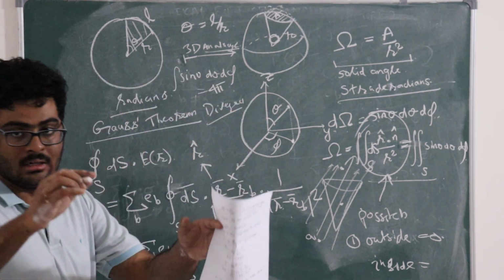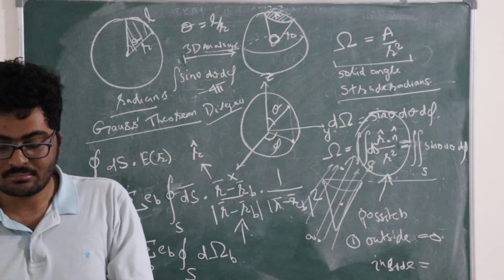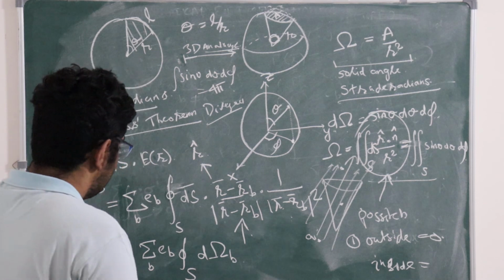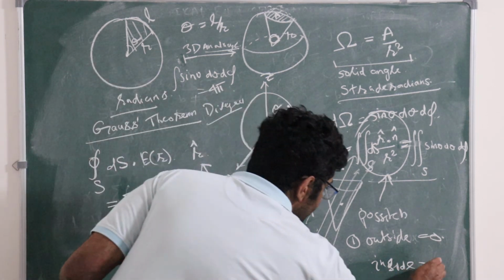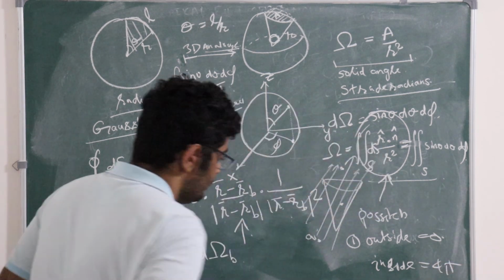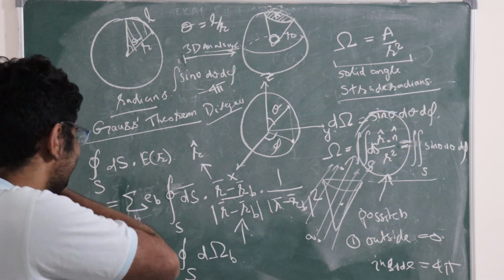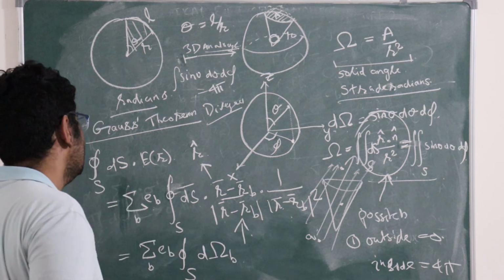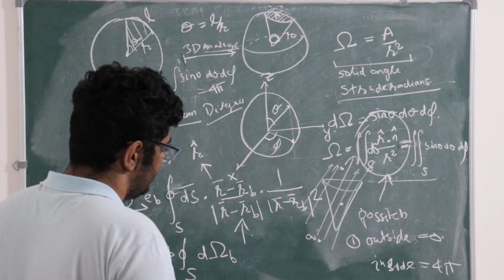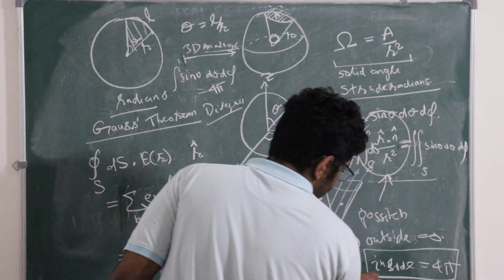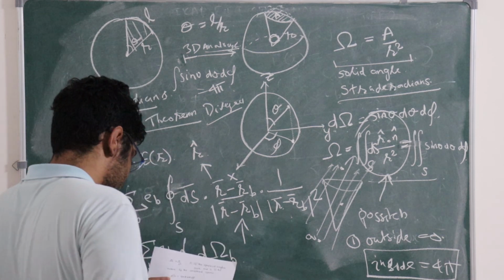So the total solid angle is 4 pi. We are only interested in this inside case, because outside in any way is going to be 0.